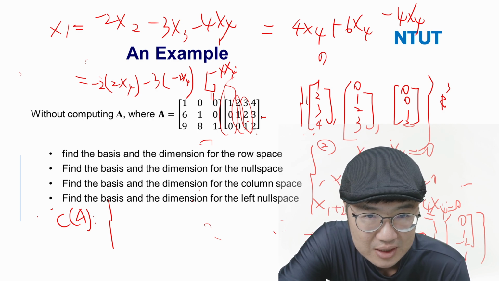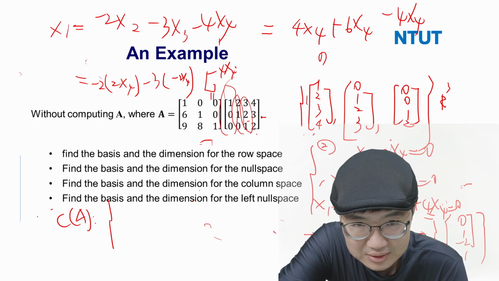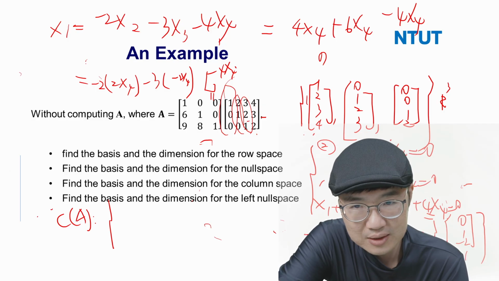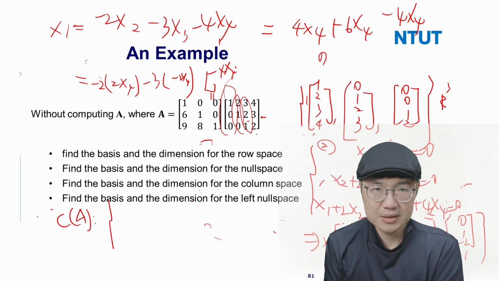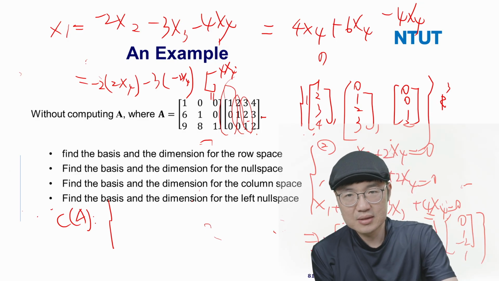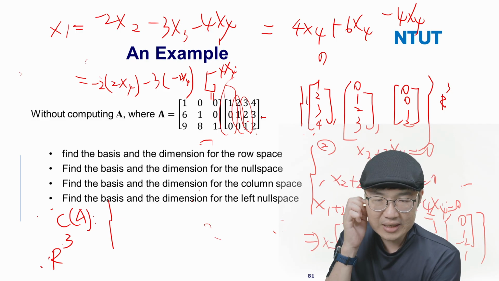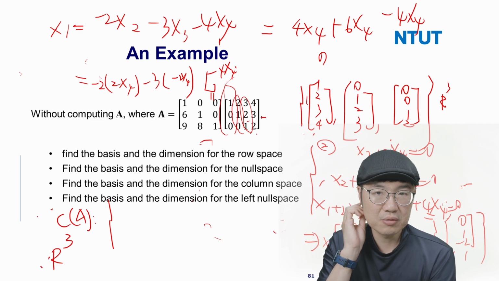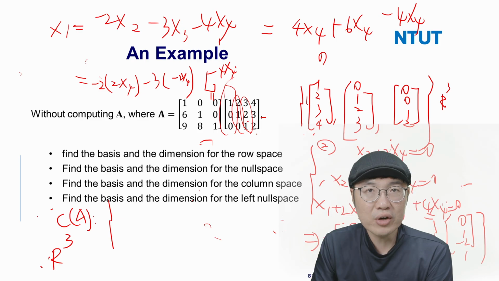I can't trace back to A because A is not explicitly provided, and the problem statement also needs me to find everything without computing A. But there are 3 independent columns, which means the rank of A is 3. And each column is sampled from an R3 space. So it's already full rank.